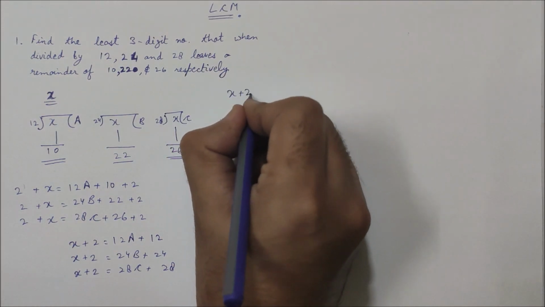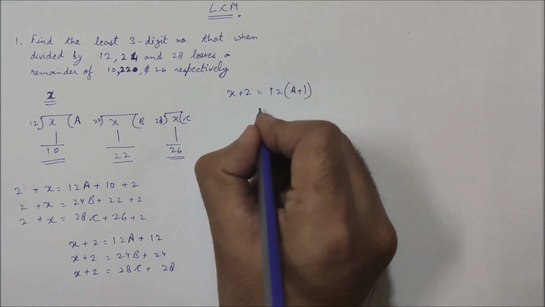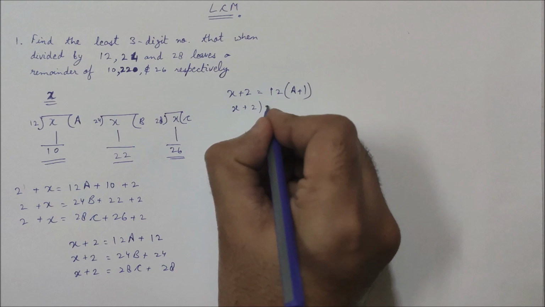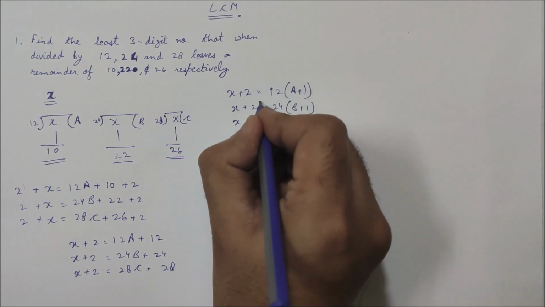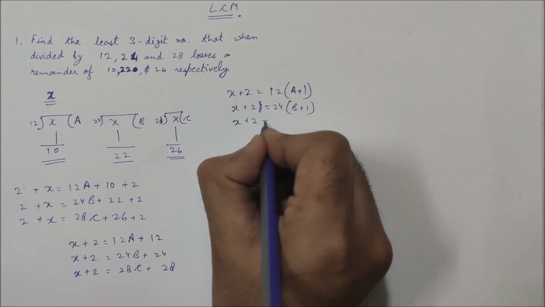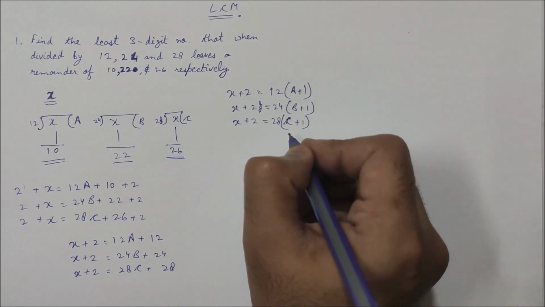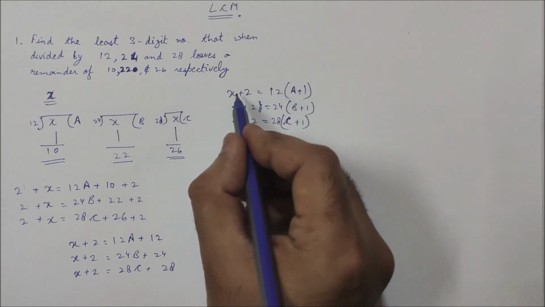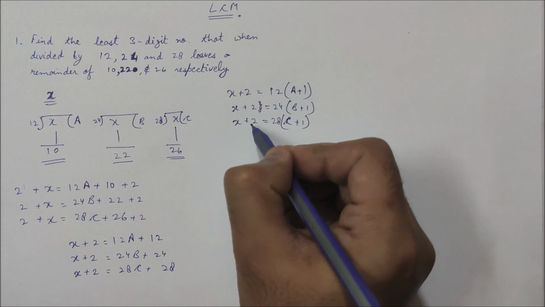So I write x plus 2 equals 12 times (a plus 1), x plus 2 equals 24 times (b plus 1), and x plus 2 equals 28 times (c plus 1). Now that I have reached this portion, I can see that I have x plus 2 on the left side, which is the same for each of the equations.